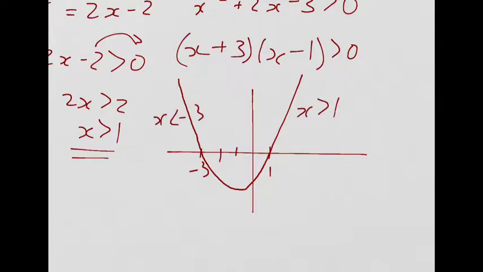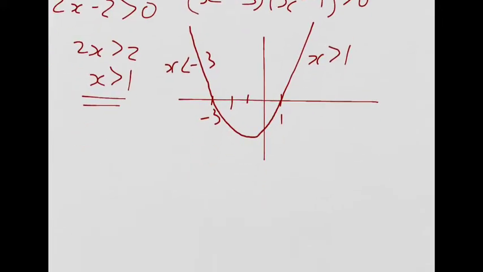See how that works? This arm here is above the x-axis, above 0, y equals 0, when x is less than -3 or greater than 1. Follow what I'm saying? So I've got two restrictions in this case: x is less than -3 and x is greater than 1.